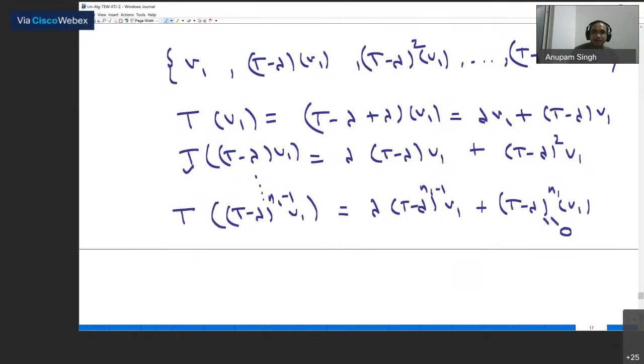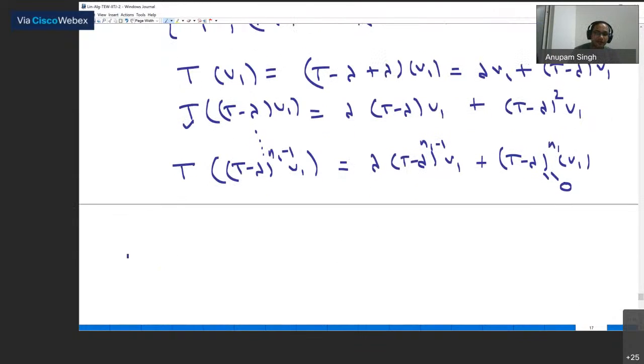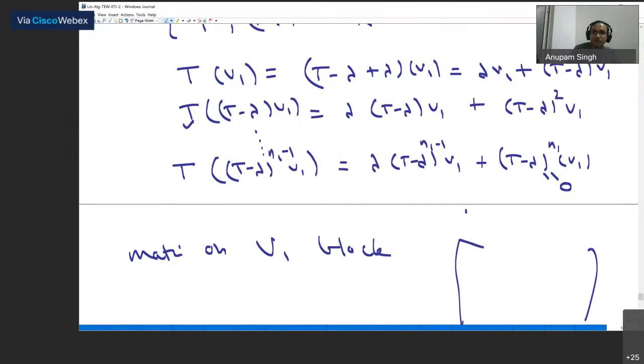So if I write the matrix on the v1 block, look at the first one. I'll get lambda here, 1 here, and then 0, 0, 0. Then the second one will give 0, lambda, 1, 0, 0, and so on.